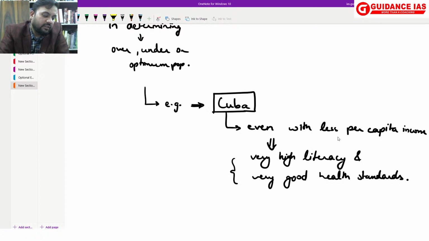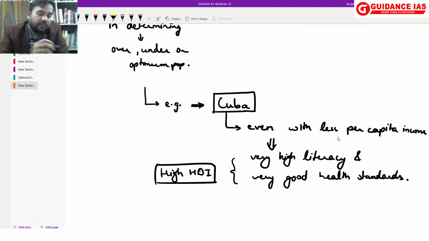So it comes under the high HDI, human development index category. It scores high in the human development index.